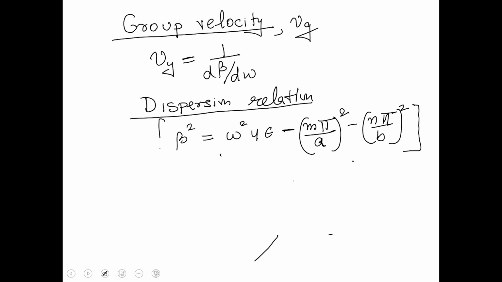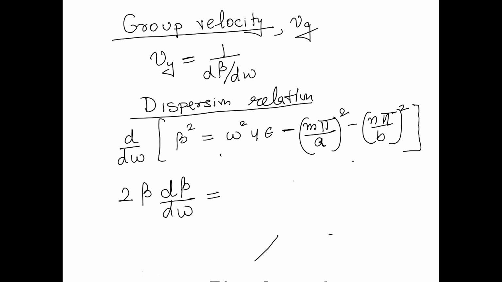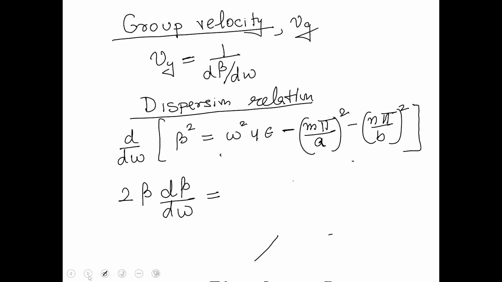If I take this equation and I take a derivative with respect to omega, then you will get 2 beta d beta by d omega as 2 omega mu epsilon, and these two terms here are nothing but constants.